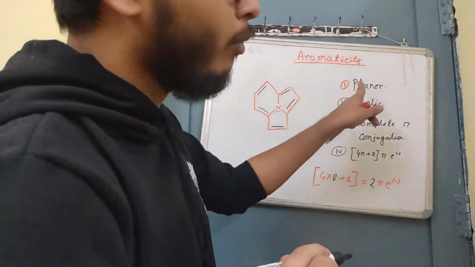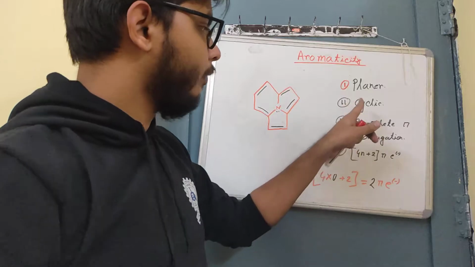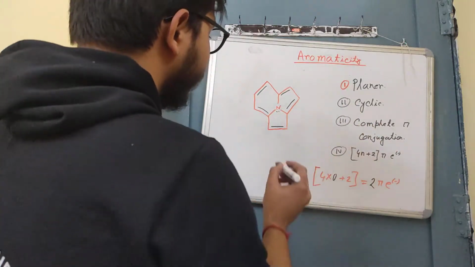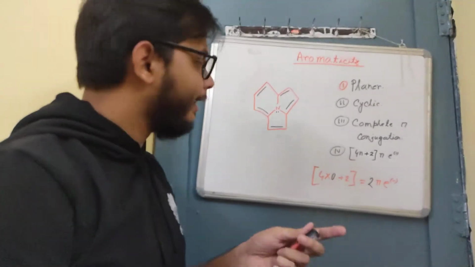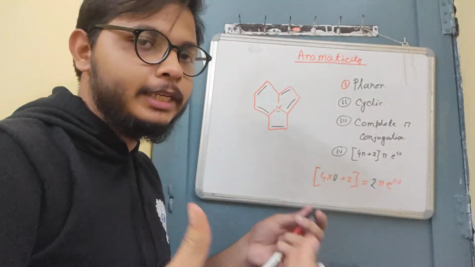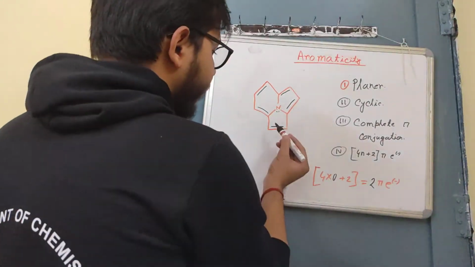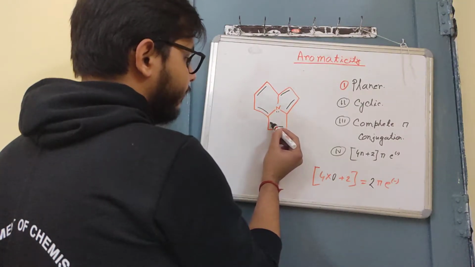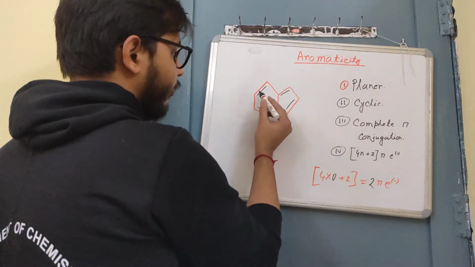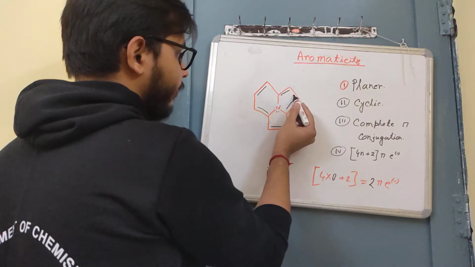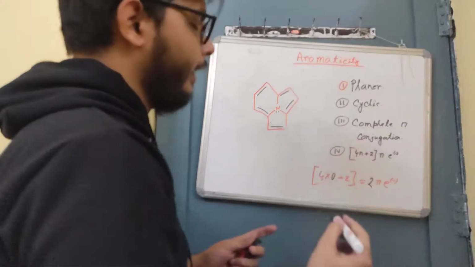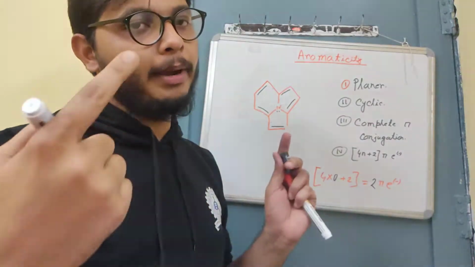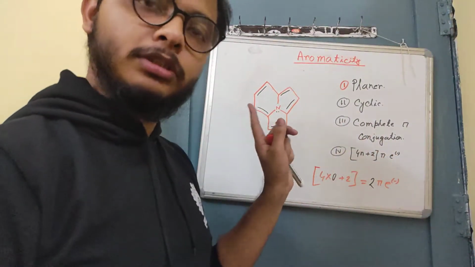Okay, this molecule is planar, this molecule is cyclic, with complete pi conjugation. We can say that the pi bonds are located one after another. Here is a pi bond, right? This is single bond, double bond, single bond, double bond, single bond, double bond, single bond, double bond, single bond, double bond, single bond. That means one after another pi bond, which means complete pi conjugation, right?